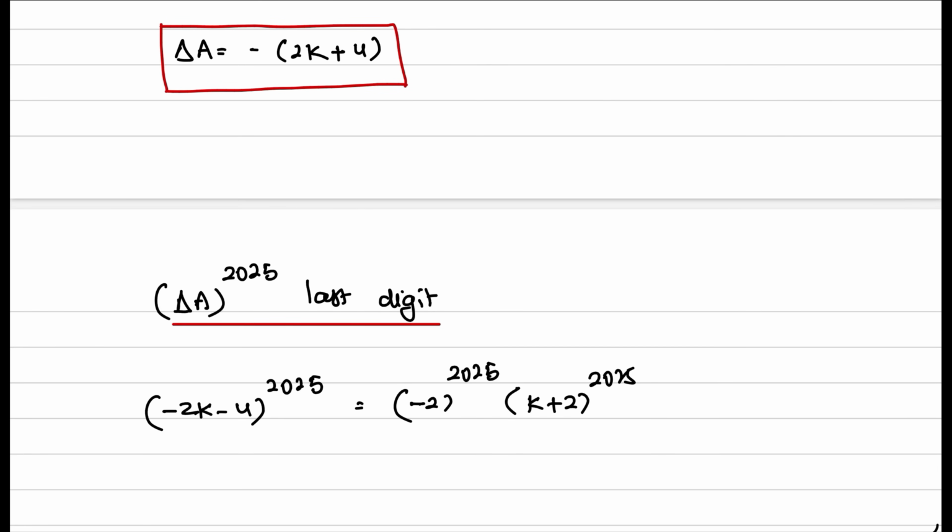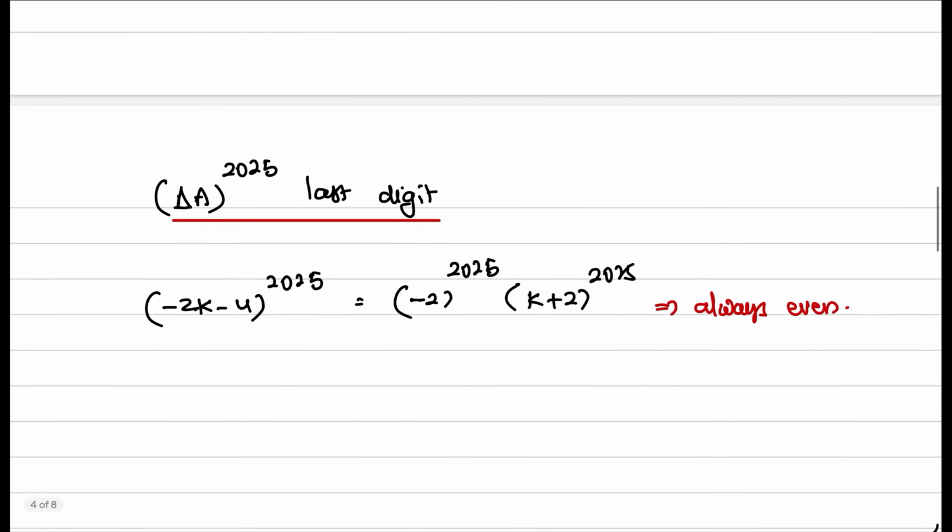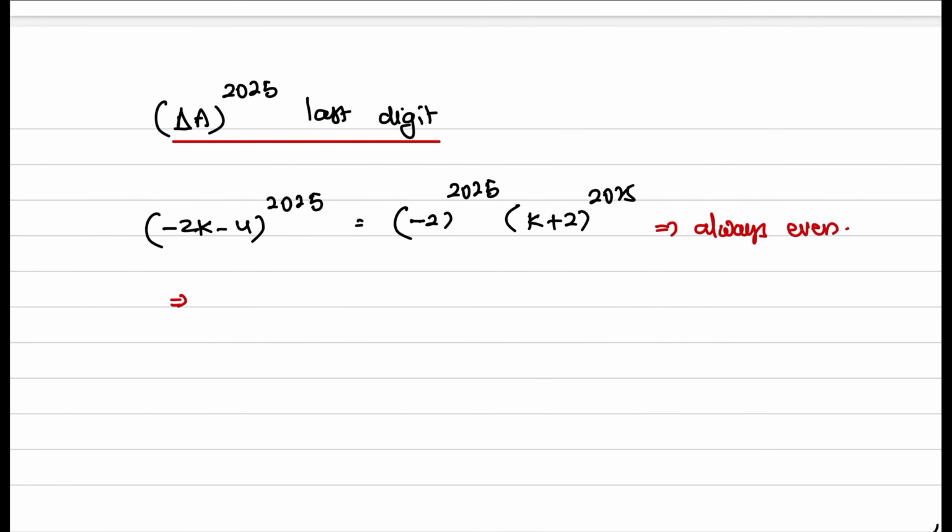Hence, this value is always even. The last digit will always be even. It implies no integer solution.